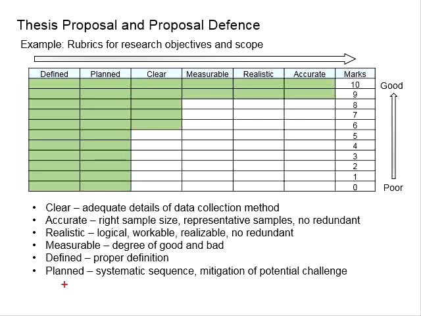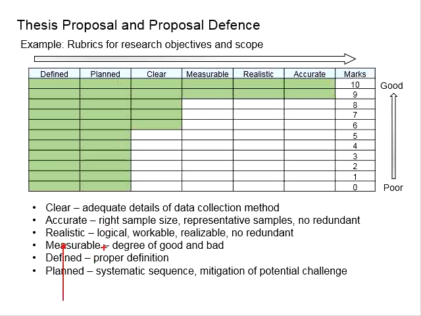You are talking about plan, that means systematic sequence, mitigations of potential challenges. Define, that means you provide proper definitions. Measurable, that means you have degrees of good and bad reflected in numbers, in an objective manner.